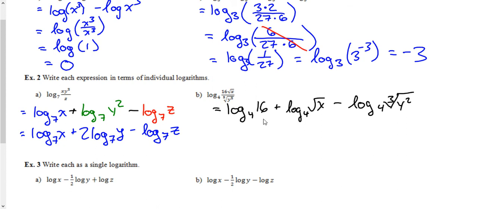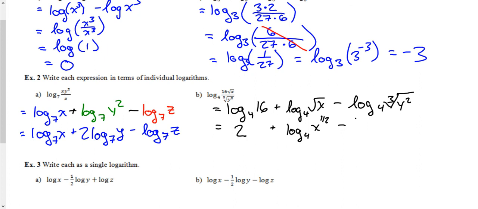From here, if you can, let's try to simplify or clean up, but this would have been good enough to write each as individual logs. But this first one here is purely numbers. So I have log base 4 of 16, so 4 to the exponent what gets you to 16? That'd be 4 to the exponent 2. So it's going to be 2 plus this radical I'm going to rewrite as log base 4 of x to the 1/2. And if I have an exponent, I'll most likely move it in front as a coefficient.